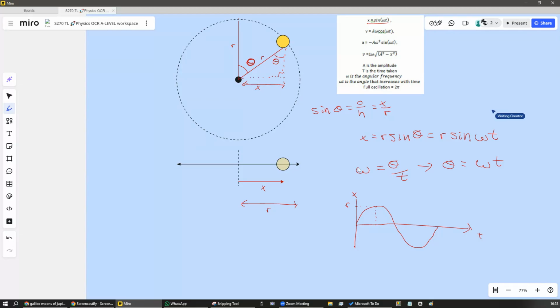This is how simple harmonic motion and circular motion connect. We are imagining a circle, and if we looked at it edge on, what angle has the thing moved through for us to see it at this particular point on the trajectory?